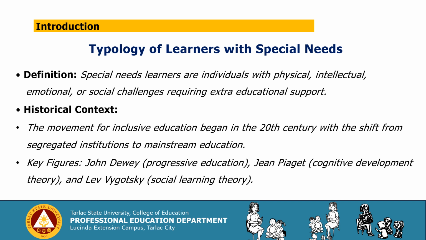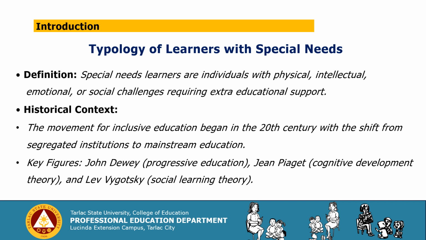For our key figures: John Dewey, Progressive Education; Jean Piaget, Cognitive Development Theory; and Lev Vygotsky, Social Learning Theory. Several key figures influenced this movement, like John Dewey, who promoted education that focuses on the whole child.